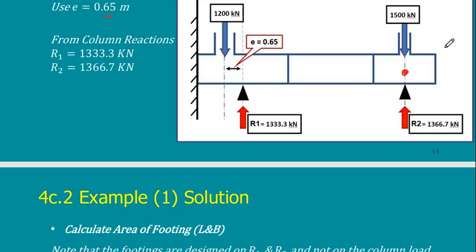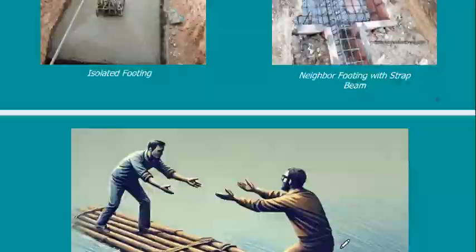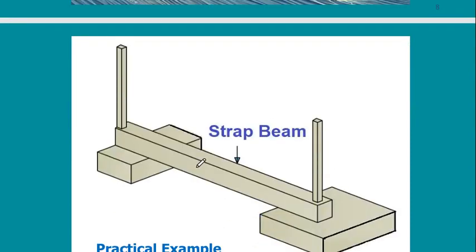But once I design them, then there is another task. You remember that we said that we have here a strap beam. I need this to design. You design now this footing and this footing. You imagine that this column was shifted to this location at the middle, and this column stayed in place.